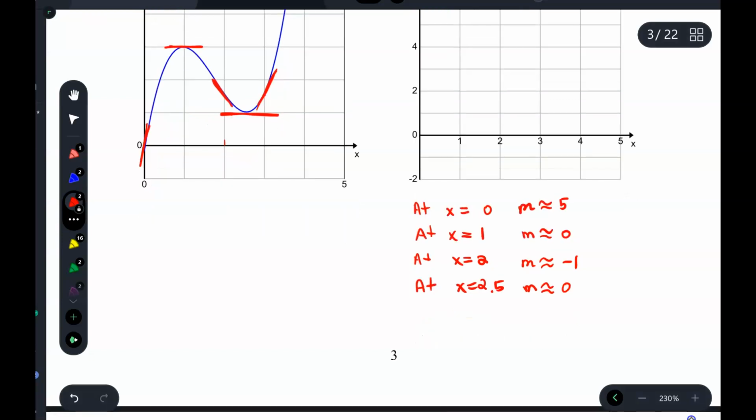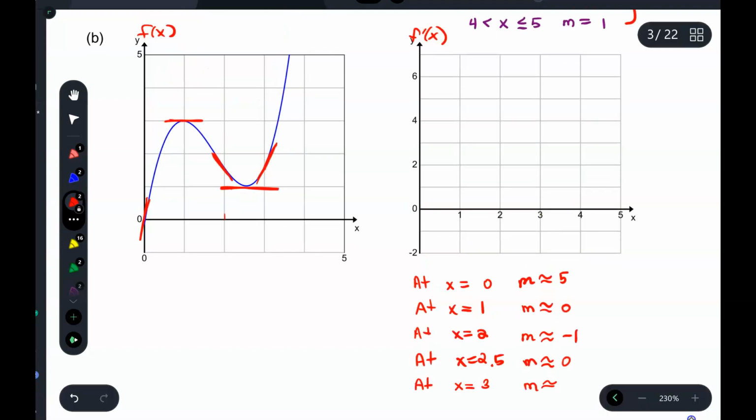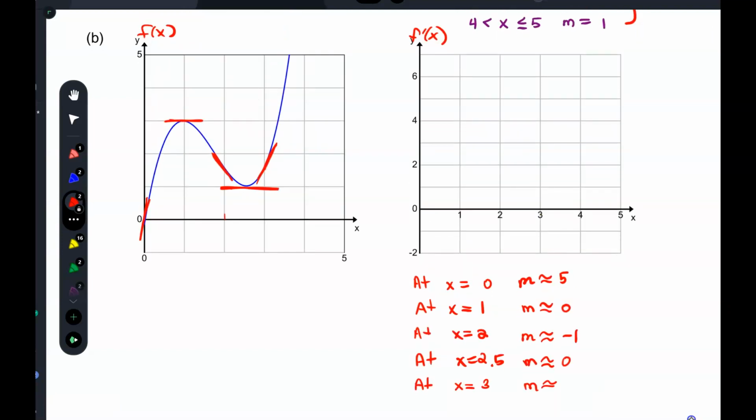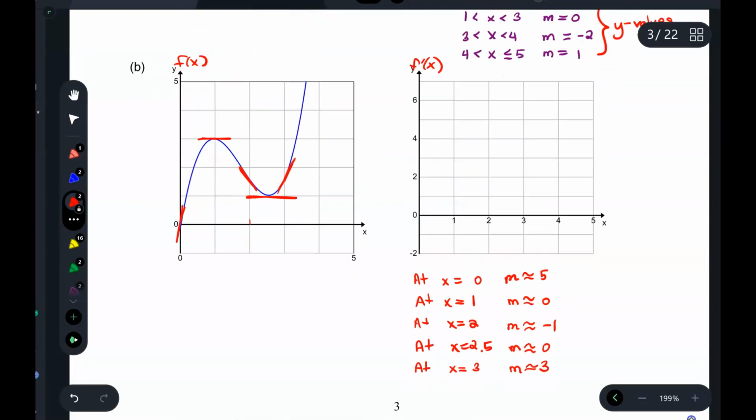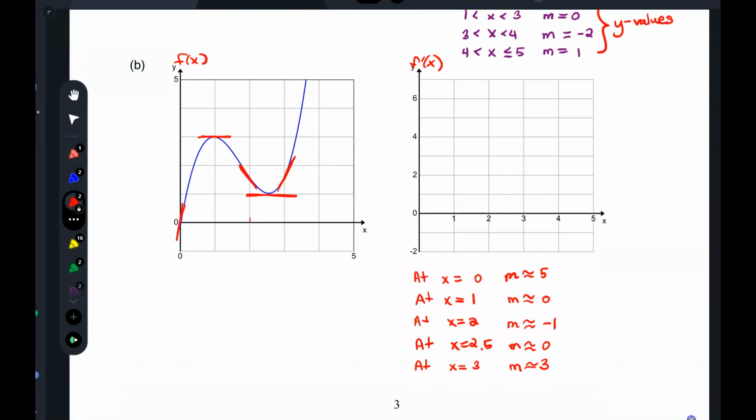At x equals 3, it's not quite as steep as it was at 0, so maybe instead of 4, it's 2 or 3. It makes no difference. Pick one. 3.